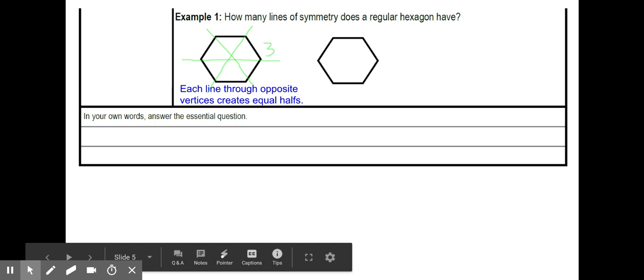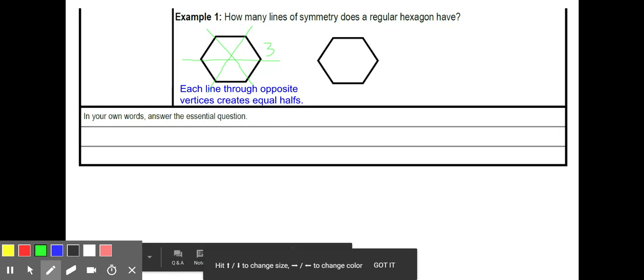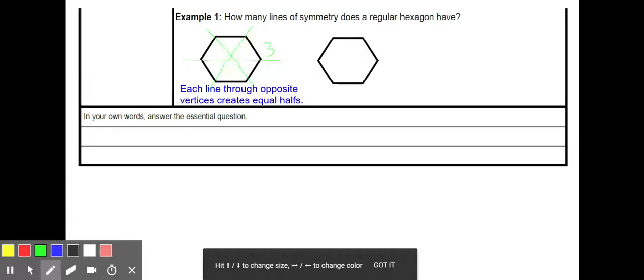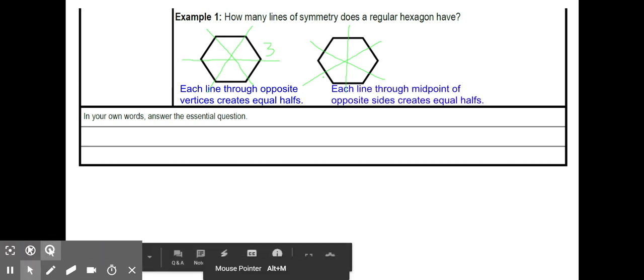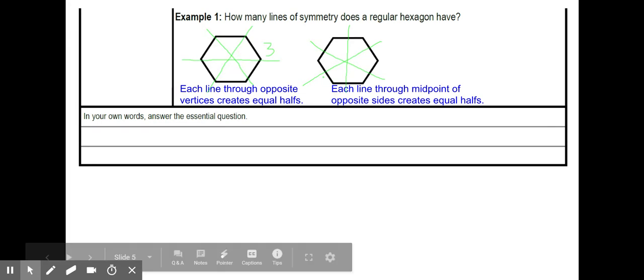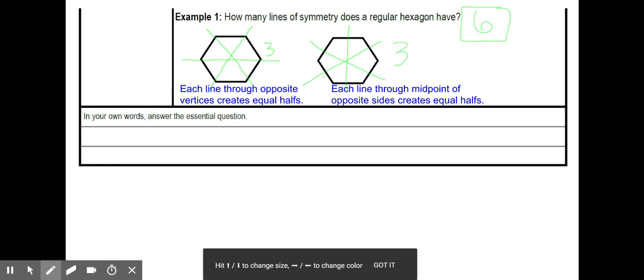Each line through opposite vertices creates equal halves. I can also draw in lines that create equal halves through the midpoint of opposite sides. So that creates 3 more lines of symmetry. So 3 plus 3 gives me 6 lines of symmetry.